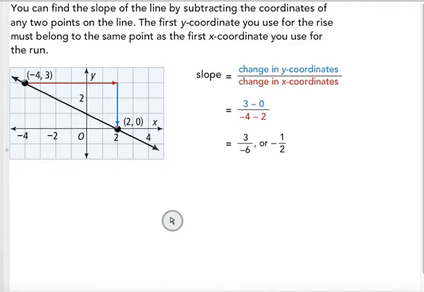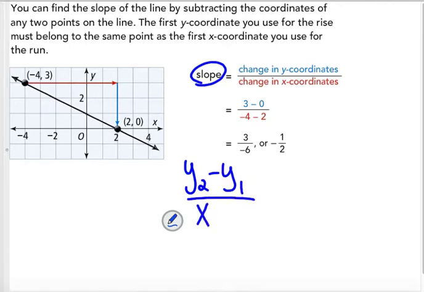Another way we can find the slope when given just 2 points is what we call change in y over change in x. Change in y, or the equation for change in y, is y2 minus y1 over x2 minus x1. And that will always give you your slope.